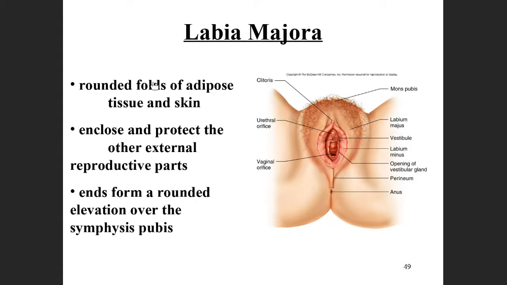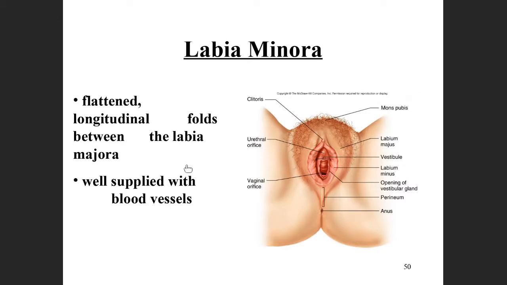Labia majora are round folds of adipose tissue that enclose and protect the other external structures, and it extends up here to the mons pubis. The labia minora is this inner fold that supplies the blood vessels.